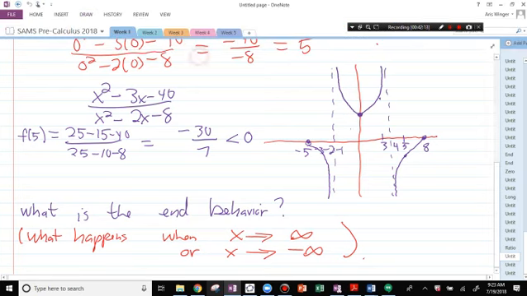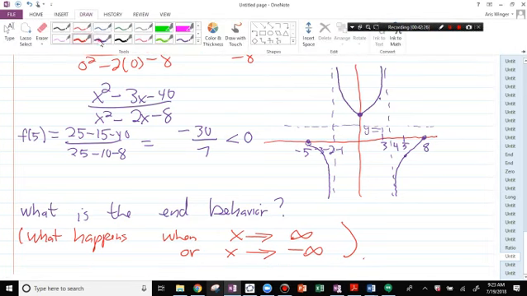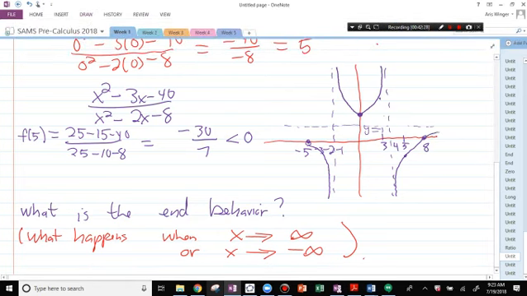This one. Y equals 1. I should use purple. And now that's it. And that's a sketch of the whole graph.